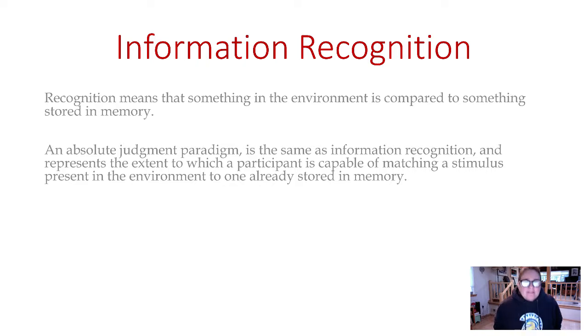Note that this is similar to a multiple choice type of question. In multiple choice, you are studying and you can put information into your memory. And then you go to the test and the information is actually in the environment, and you have to now recognize, does that information match what you already have stored in memory?